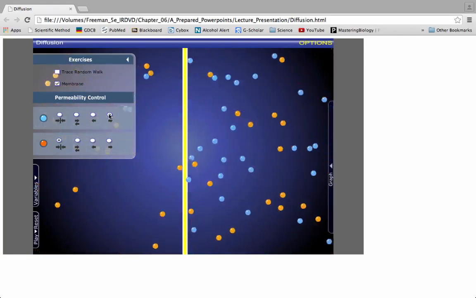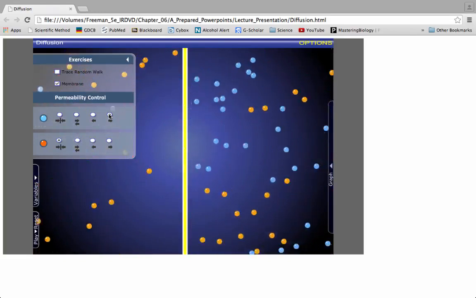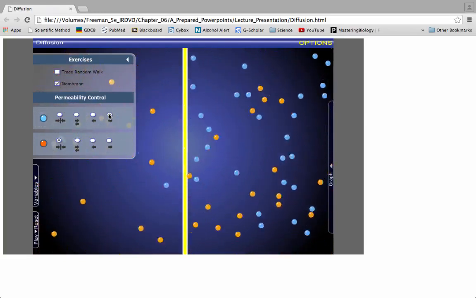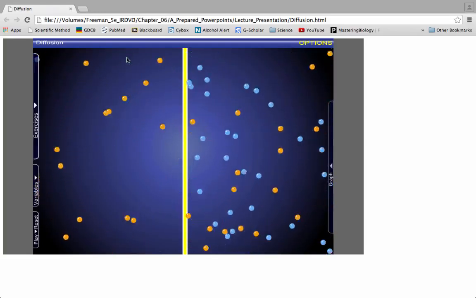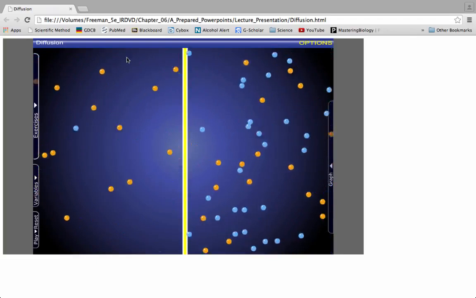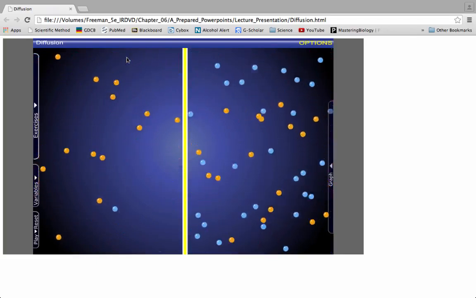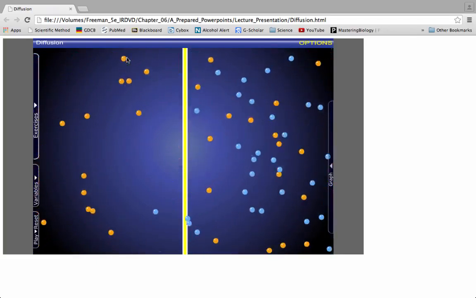Now you can see that over time, the blue molecules are moving from the left to the right-hand side of the membrane because they can only move in one direction. So now they all collect on the right-hand side.